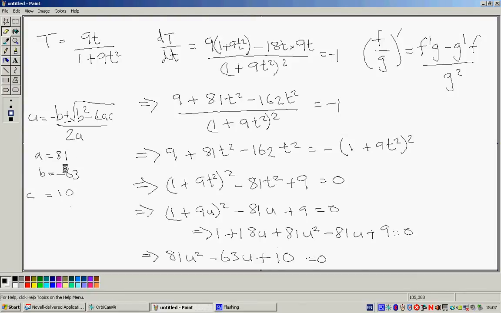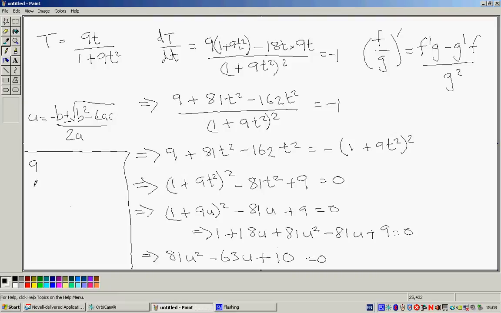Or we can factorise. Now this is not particularly easy to factorise, but the general process would be to find factors of 81.